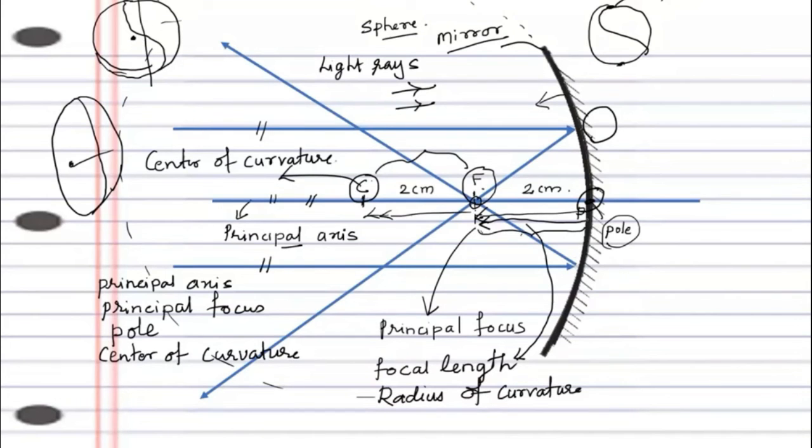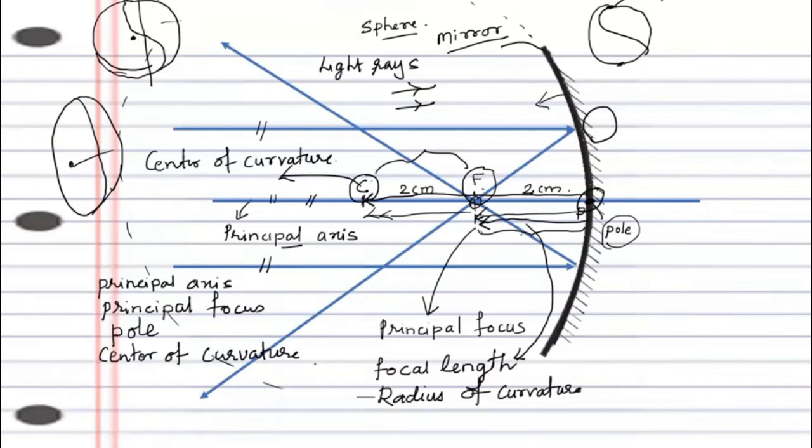The distance from pole to, can you guess? Center of curvature. Is it not the radius actually, geometrically? This is the radius of the sphere of which this mirror is a part.